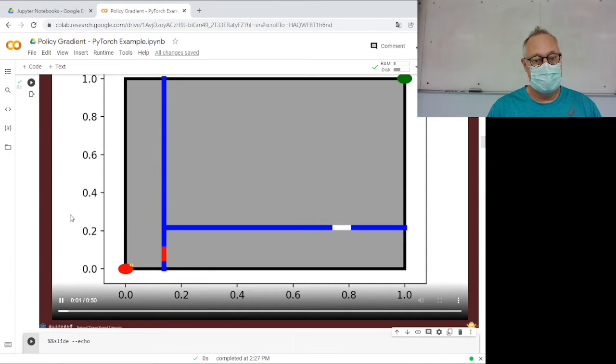So here's our robot running around randomly. It's now trying left, up, right a lot of times, so it hits the wall all the time.